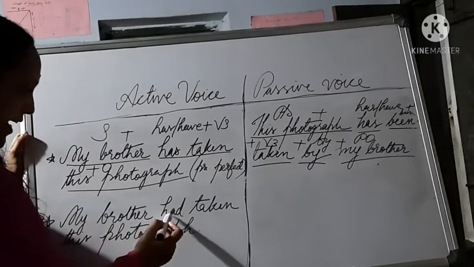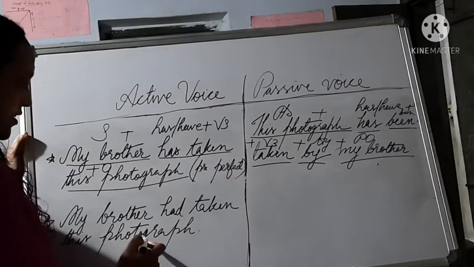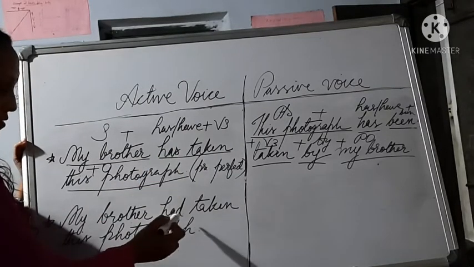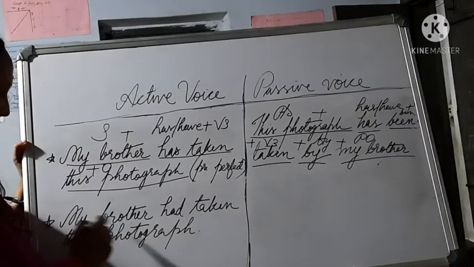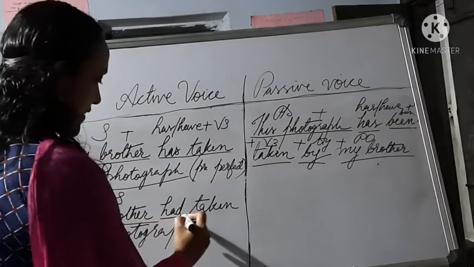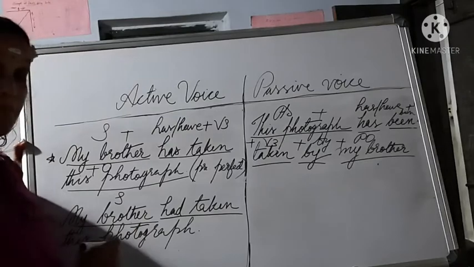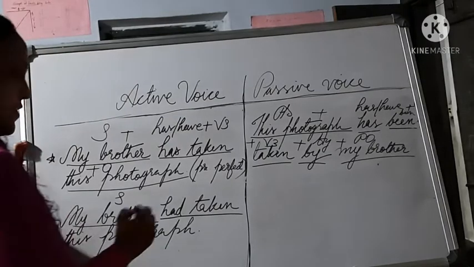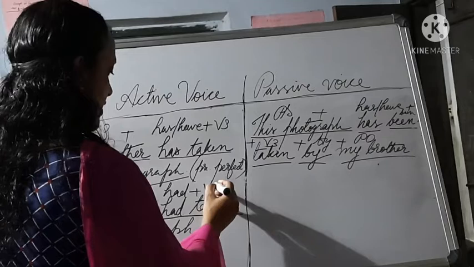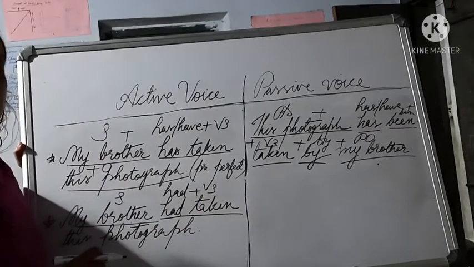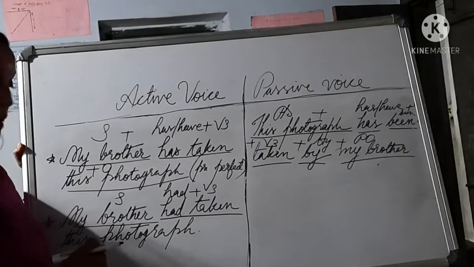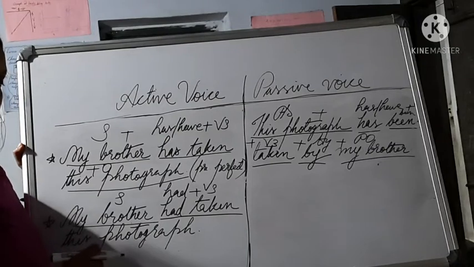My brother had taken this photograph. I wrote the same sentence here but made a change in the verb. My brother is the subject. Had taken is in past perfect tense. So the rule is had plus V3, which is the past perfect tense of the verb.